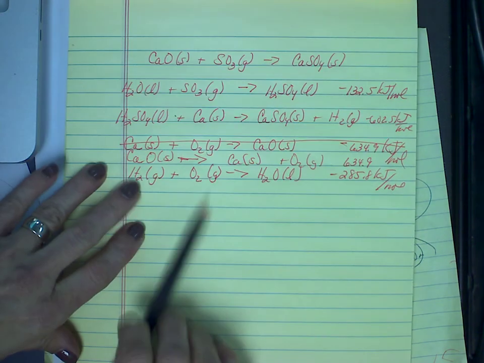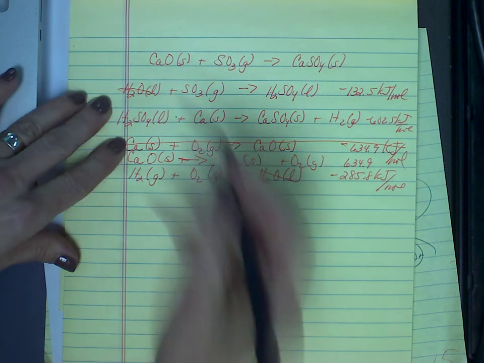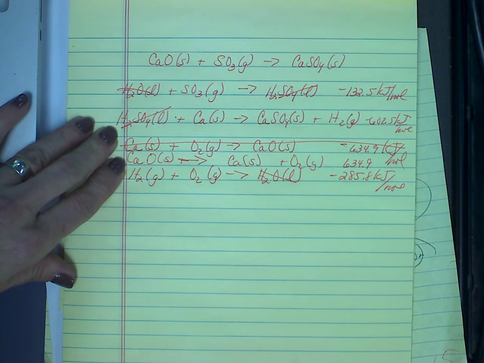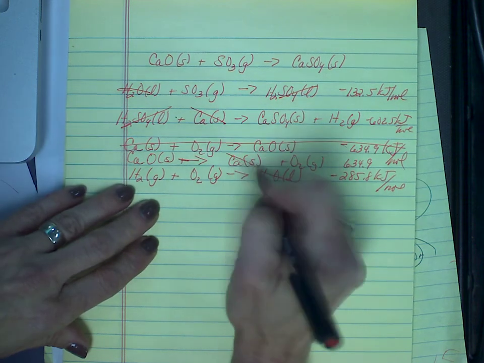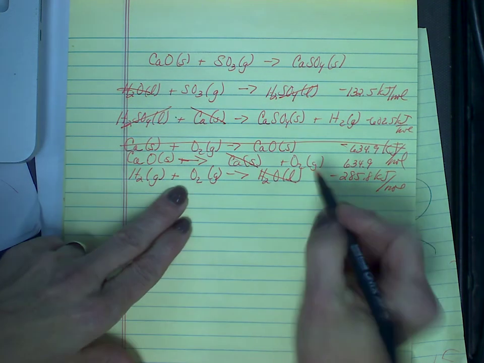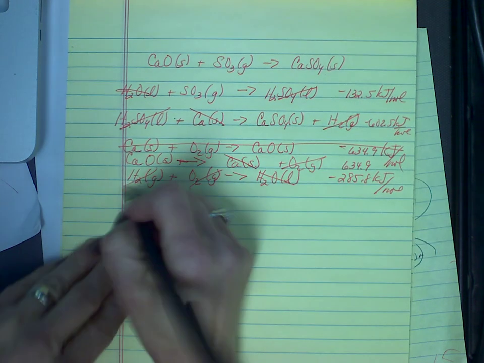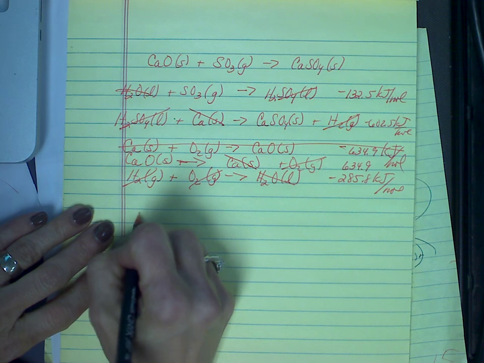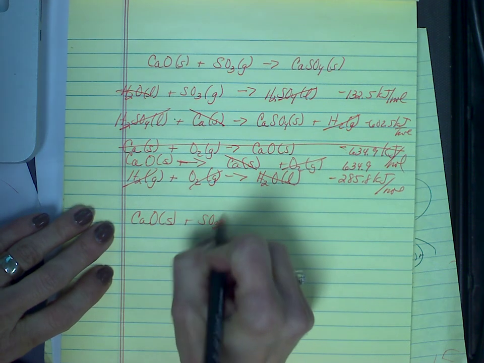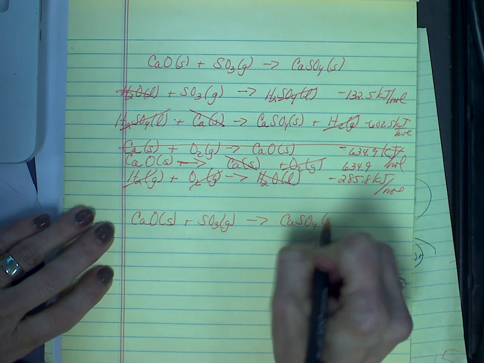So now let's look and see what all we can cancel. We know we can cancel our waters, right? We can now cancel our sulfuric acids. We can now cancel our calciums. There is no oxygen, but we can now cancel these. And there is no hydrogen, so now we can cancel those. So we now have CaO solid plus SO3 gas yields CaSO4 solid.